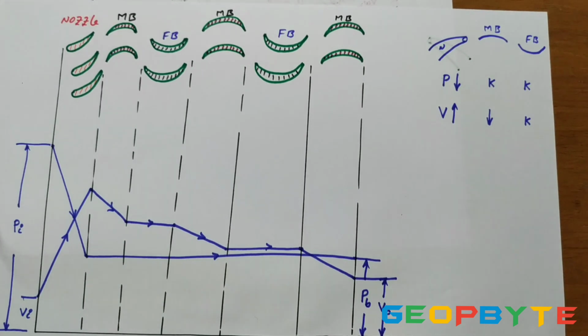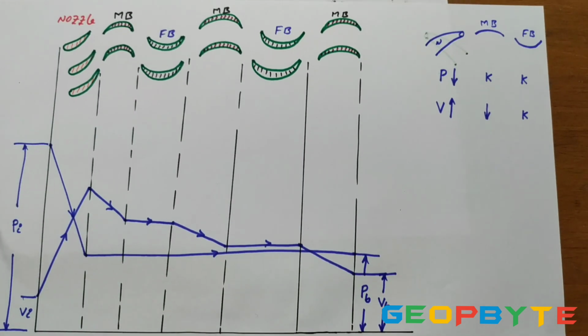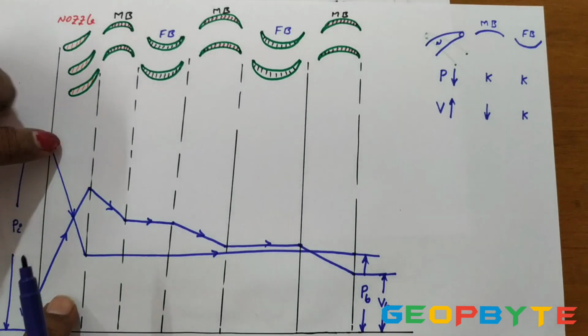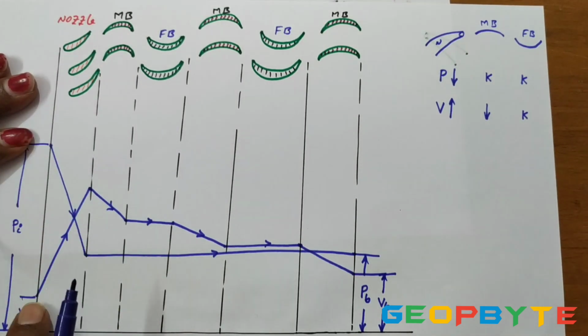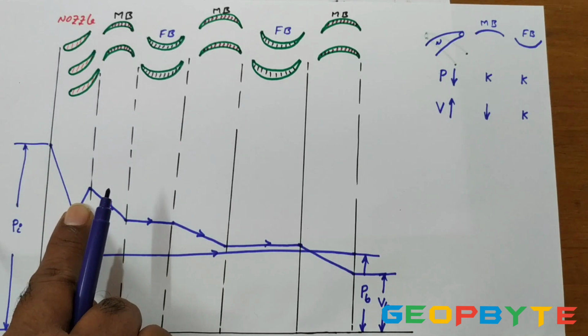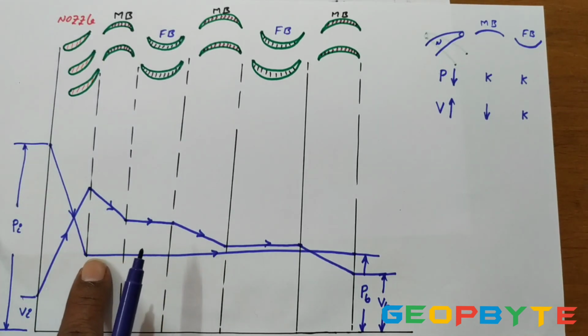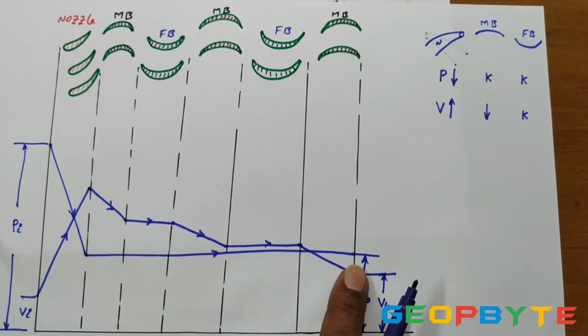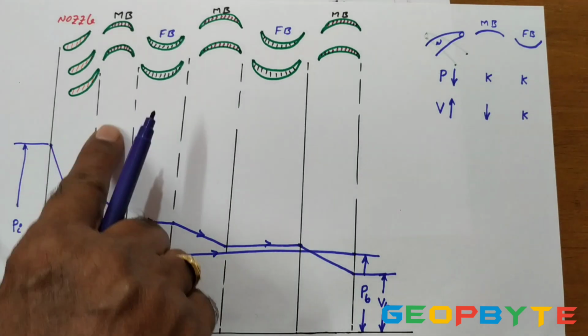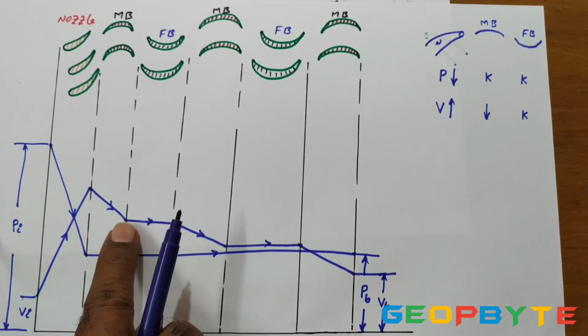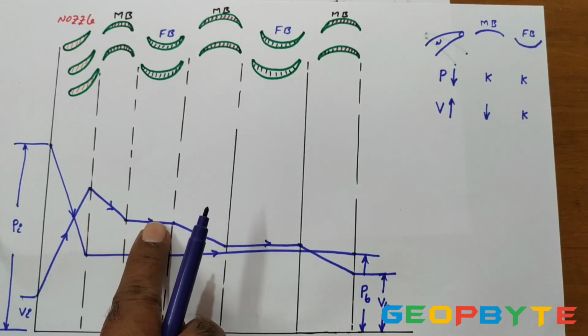Once again, while the steam is passing through the nozzle, due to the drop of pressure, velocity increases. Pressure drops to increase the velocity, and that pressure remains constant in all the blade sections, whereas velocity decreases in the mobile blade section and theoretically remains constant in the fixed blade section.